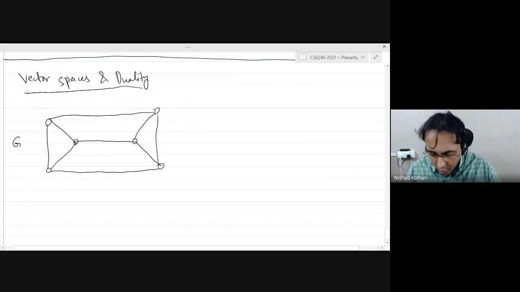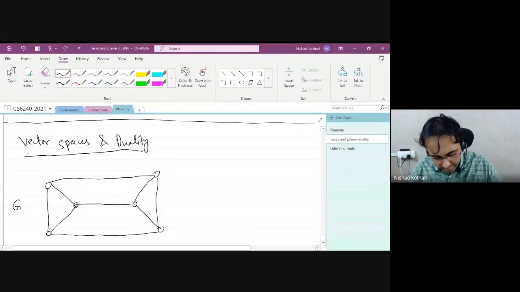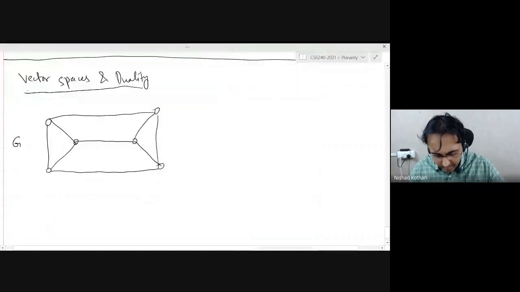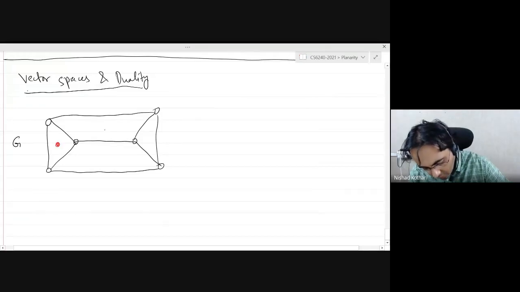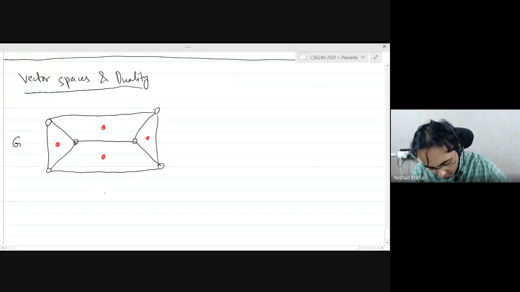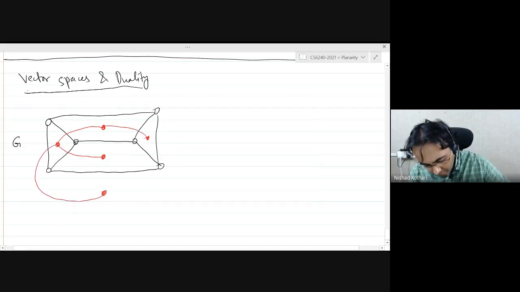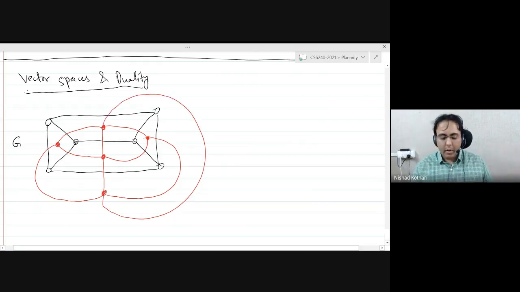And let's draw the dual. Okay. Now let's consider a cycle in the graph G.